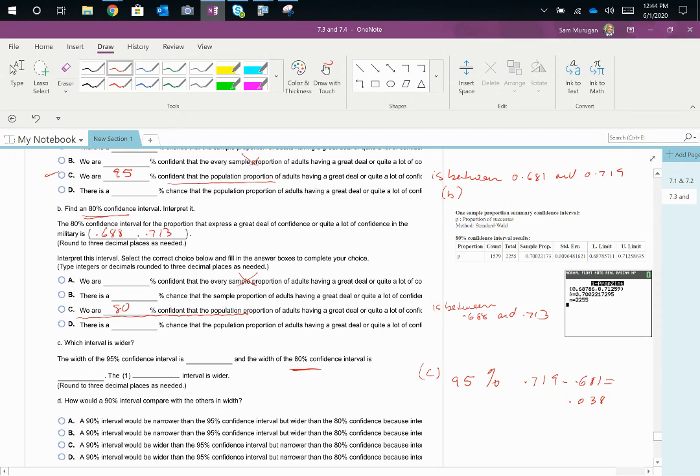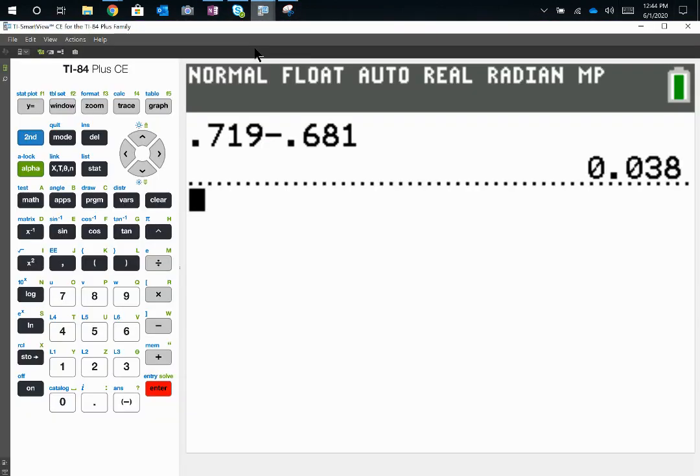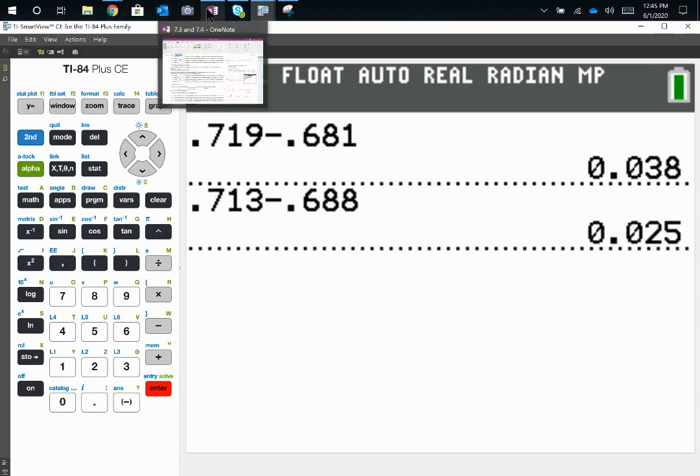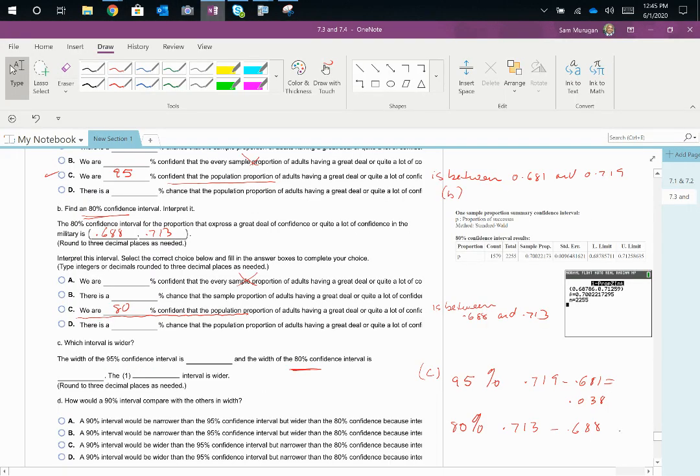And then for the 80% interval, it's 0.713 minus 0.688, which is 0.025.